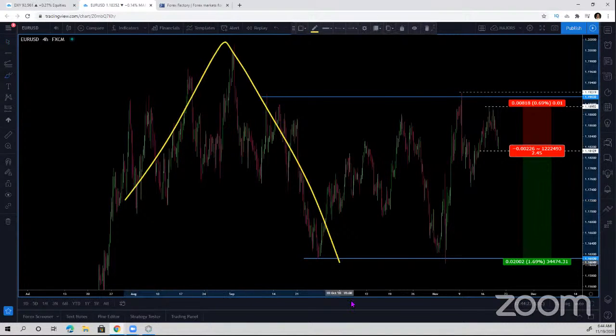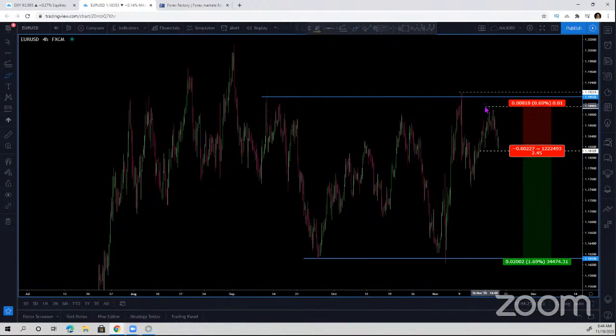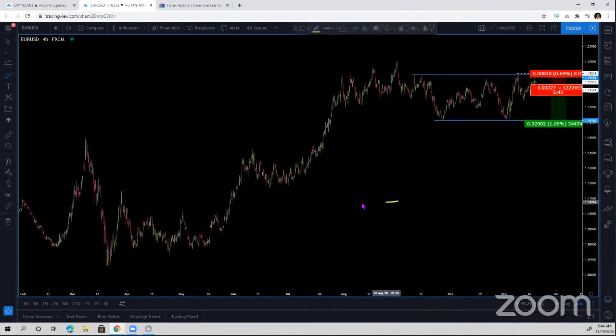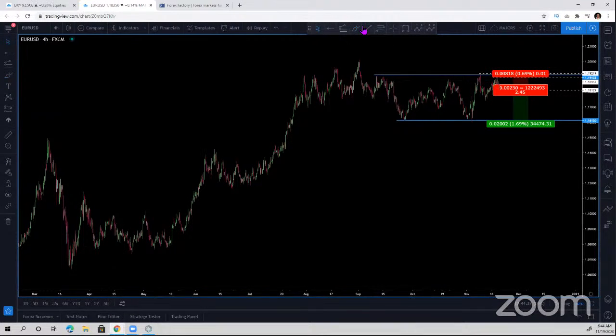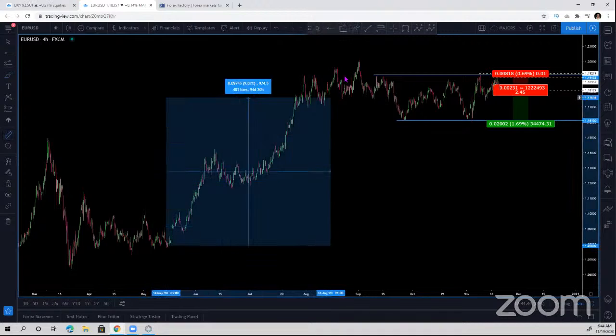So we have been trapped inside of this range at the top of a very bullish move, right here, for a while now, right? So if we look at what has happened so far after this big move, this was a big move to the upside, right?